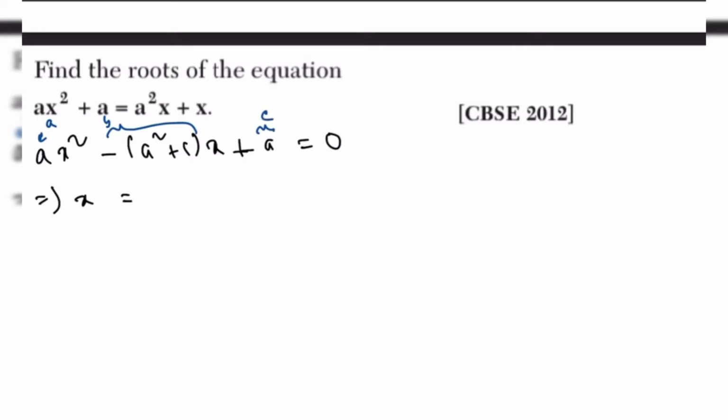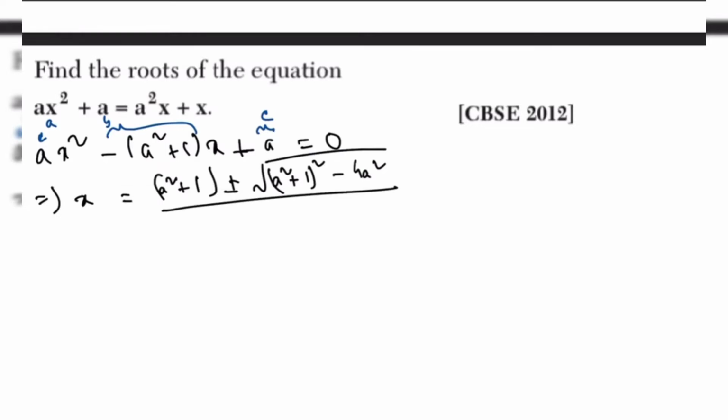So minus b is a square plus 1 plus or minus root over b square minus 4ac. So a square plus 1 whole square minus 4a square, divided by twice a.